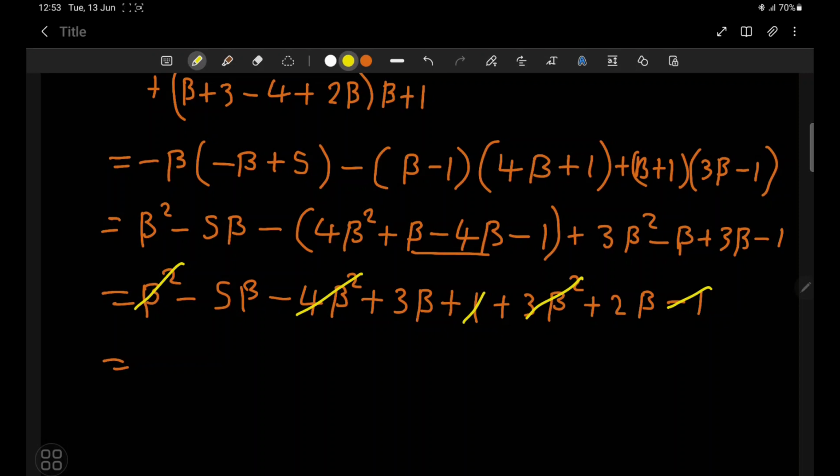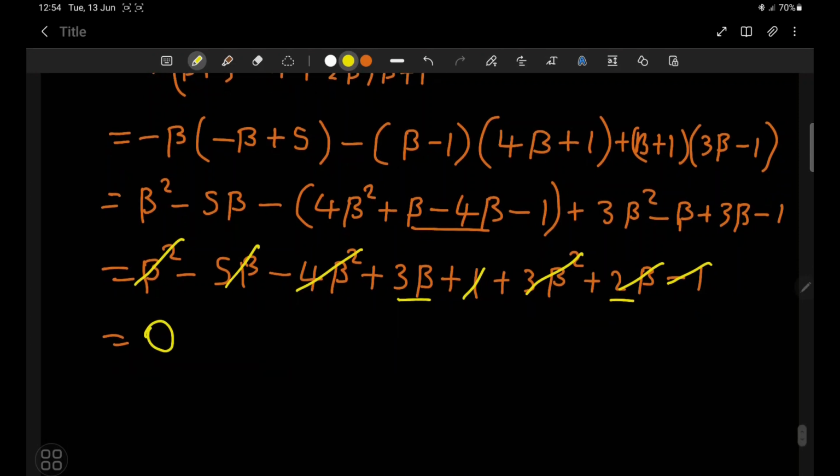Then 3 beta plus 2 beta will give us 5 beta, minus 5 beta, so this will give us 0. So we're getting a 0 value here.